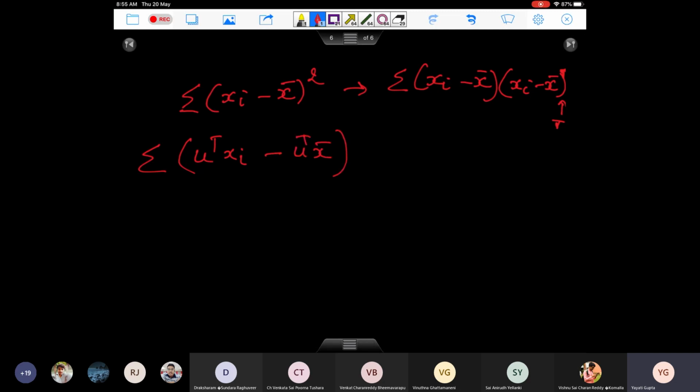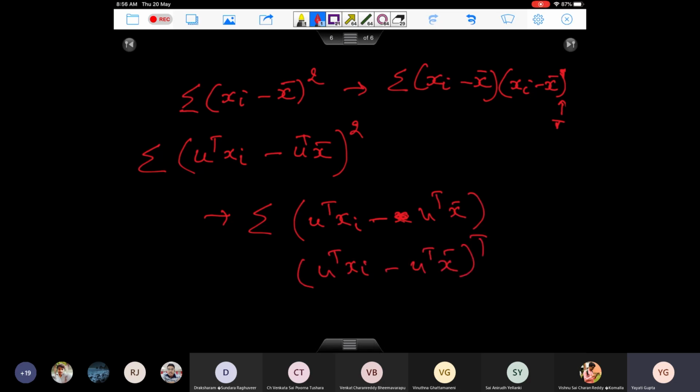Obviously, you would project the mean also into the projected space, or you can say I'm recomputing the mean in the projected space, subtracting it and then taking a square. So you can write it as u transpose xi minus u transpose x bar, into u transpose xi minus u transpose x bar, whole transpose. This is what we are interested in computing, basically the product of these two terms.